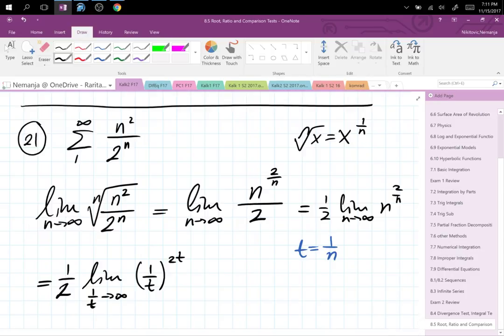Now, did this help at all? If 1 over t goes to infinity, then it's 1/2 times the limit as t goes to 0. Right? That changes.